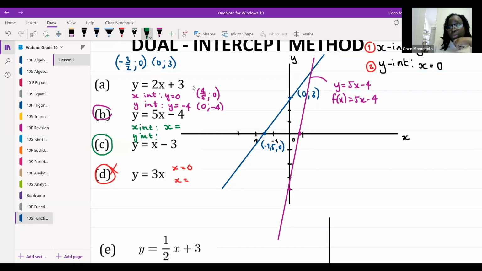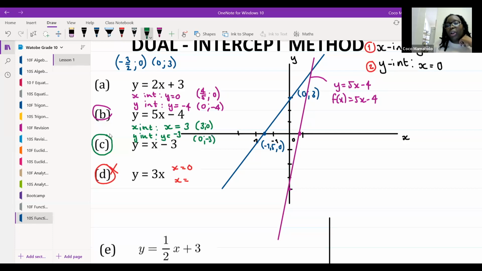What is it going to be? That's it. X will be equal to 3. So my coordinate will be 3 and 0. And for the y-intercept, my y value will be equal to -3. So my values over here will be 0 and -3.